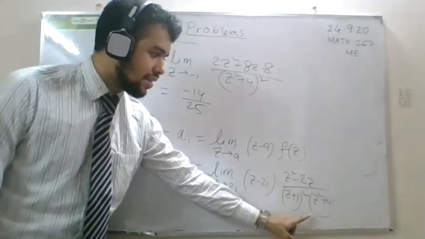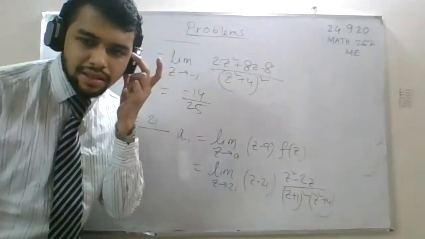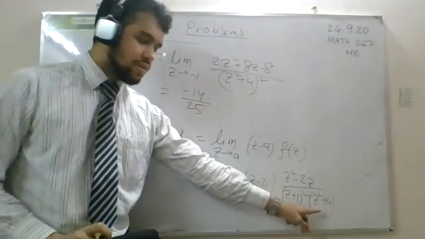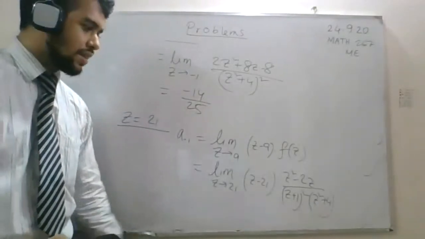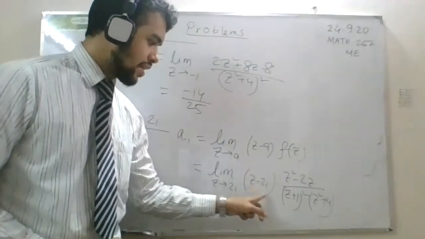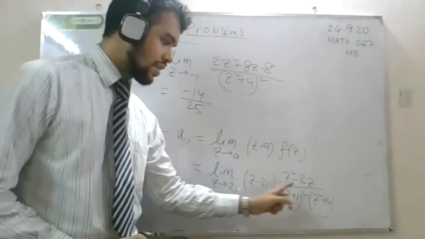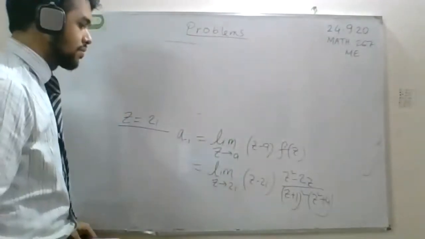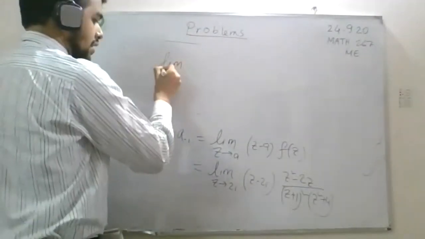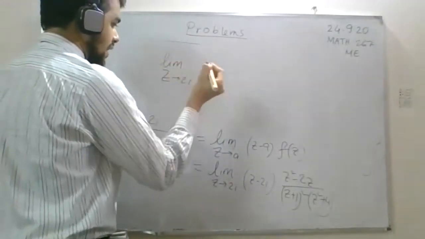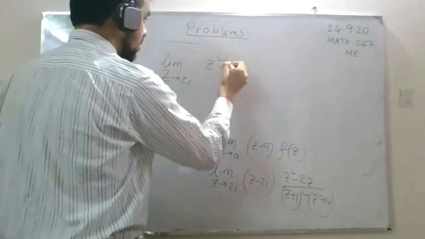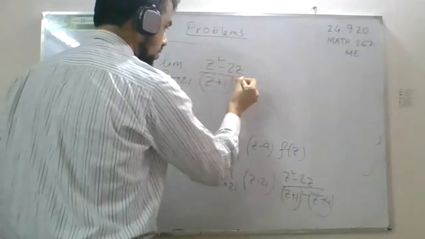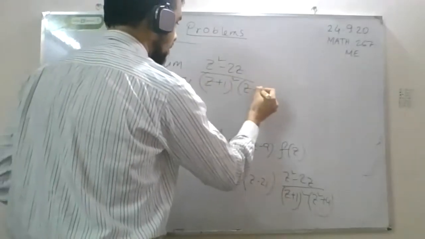So you get z minus 2i and z plus 2i, and just remove z minus 2i, they cancel. Then you get limit z tends to 2i of z square minus 2z divided by z plus 1 whole square and z plus 2i.